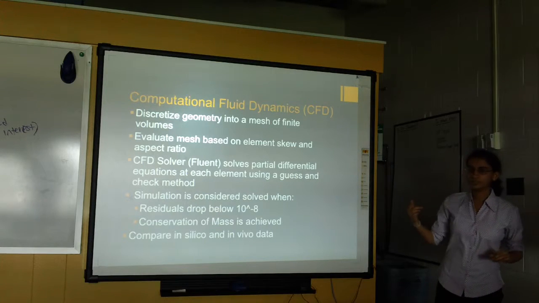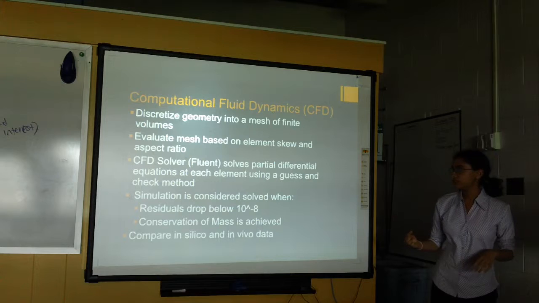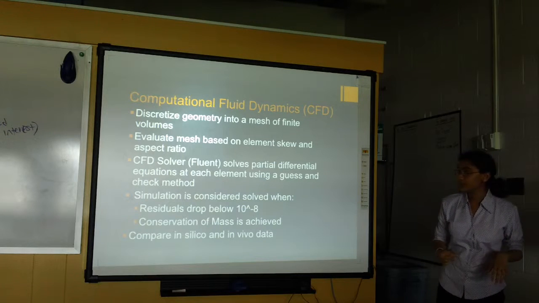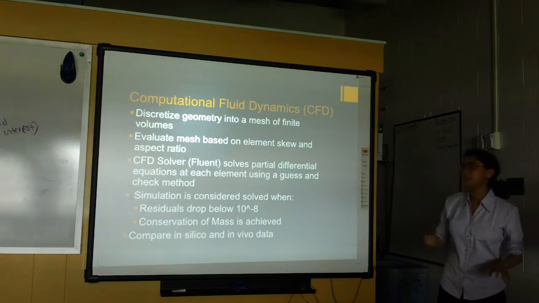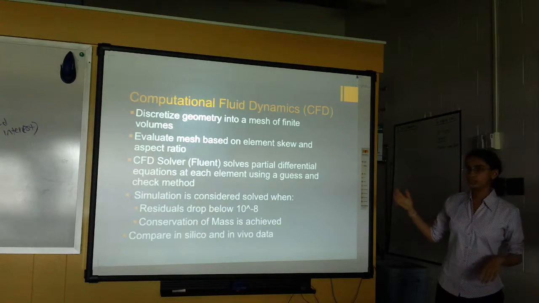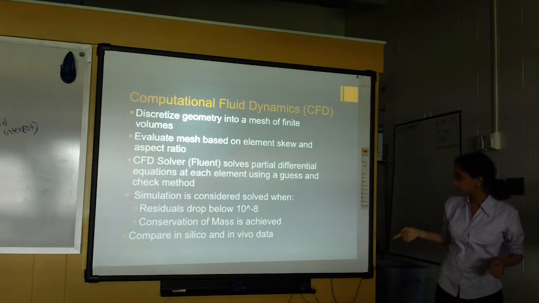Then it solves a whole bunch of equations at the nodes of the mesh, and that's how you get all of the variables that I was talking about in the beginning. I don't know if there's calculus involved in that, but basically it's using a guess and check method to solve partial differential equations to find out the shear stress and strain rate and all that stuff.